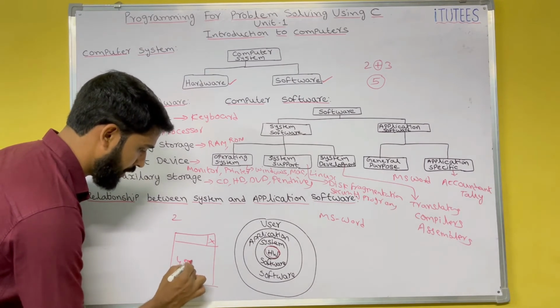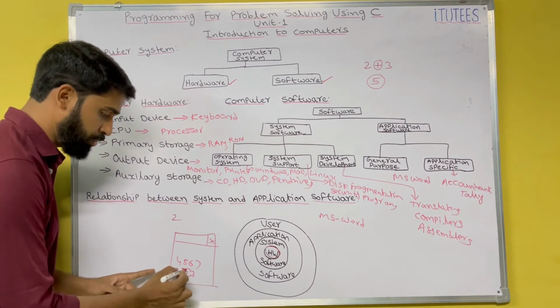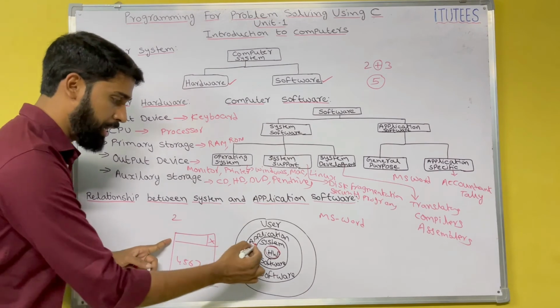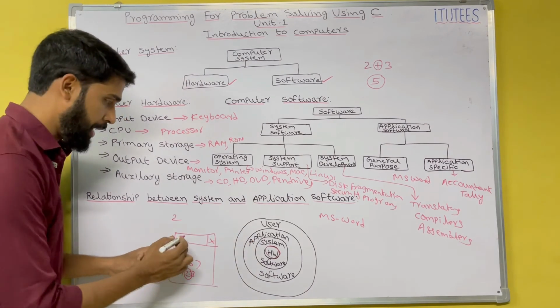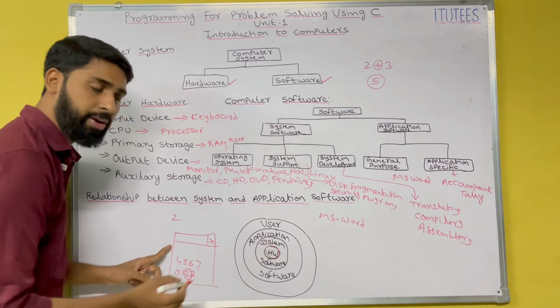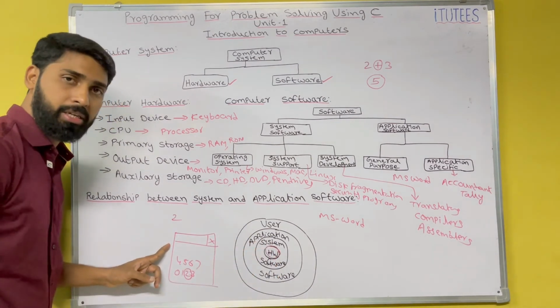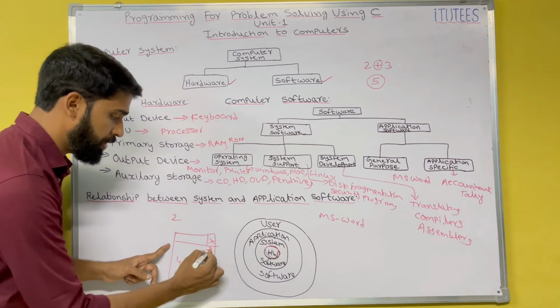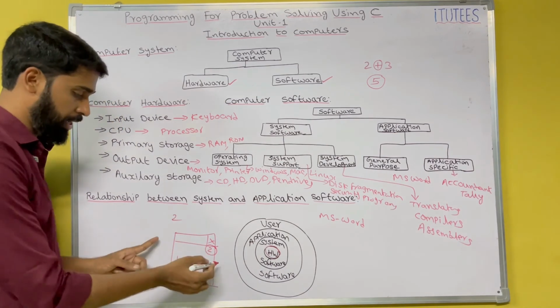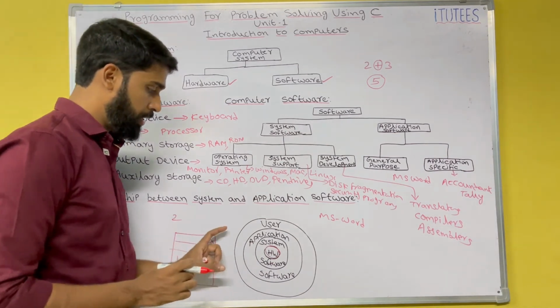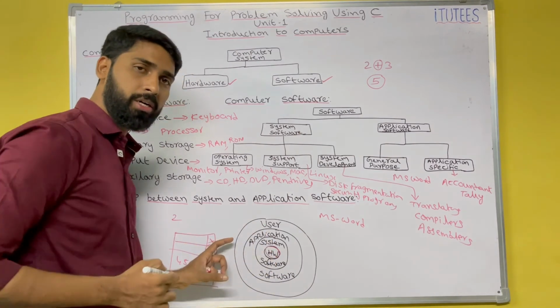Like this, we have numbers. If I press 2, this calculator is application software. I press 2, that is identified by the system software, and the hardware device, the monitor, displays 2.